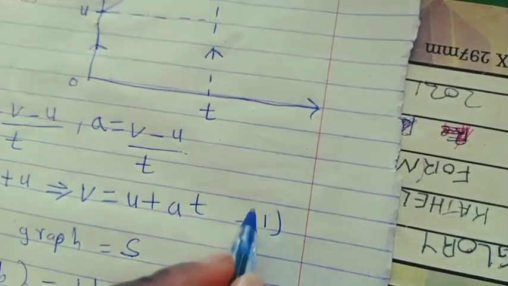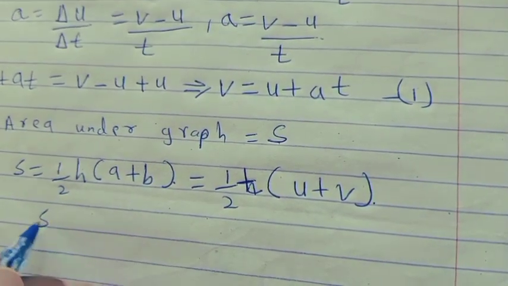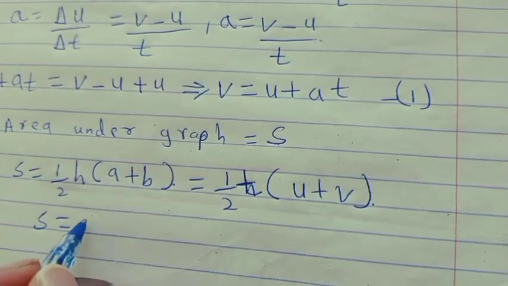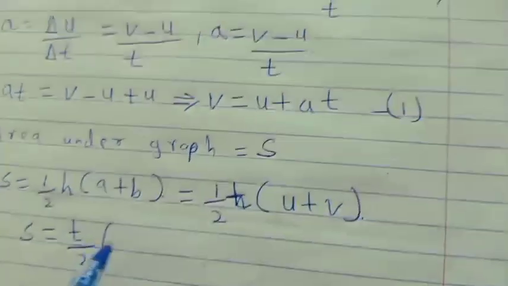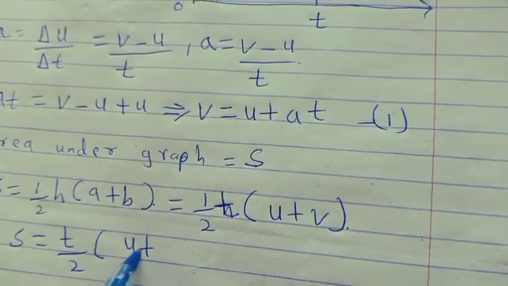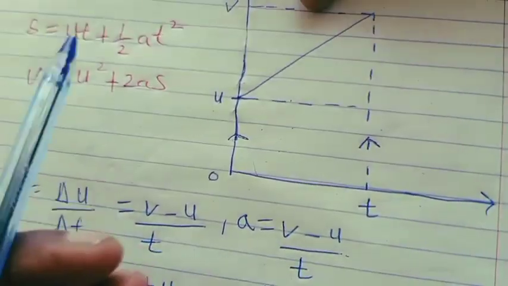We can call this equation number 1. So s = t/2 (u + v). Now remember the equation we want to derive is this one.